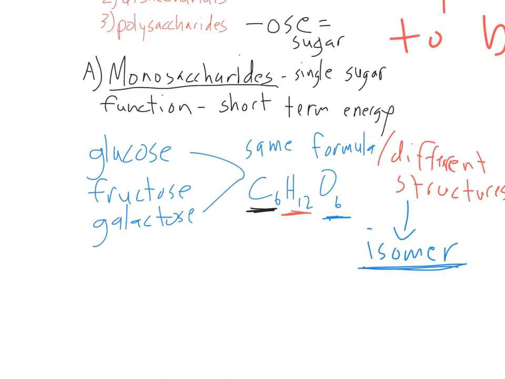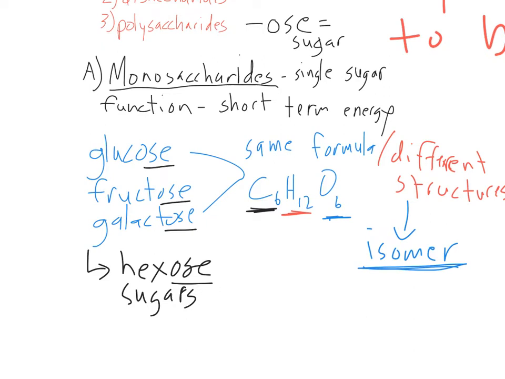One more thing about these 3. These are what we call hexose sugars. Hexose sugars. Okay? So what does hexose mean, you think? What does the prefix hex mean? 6, right? Well, what do we have 6 of in the formula? Look at the formula.